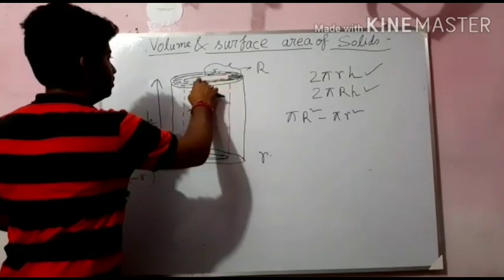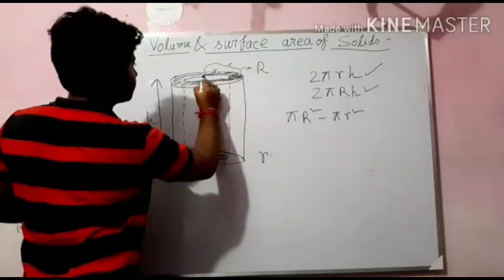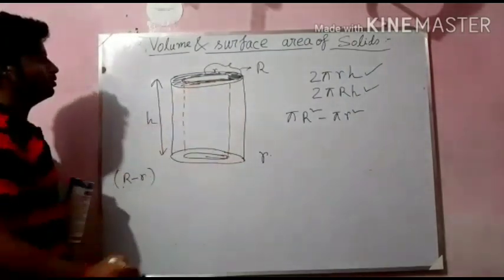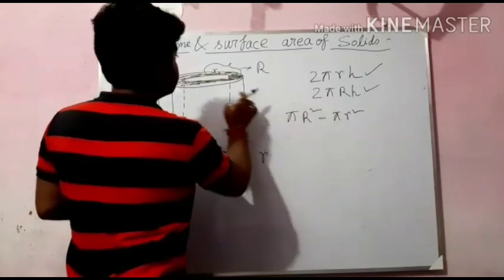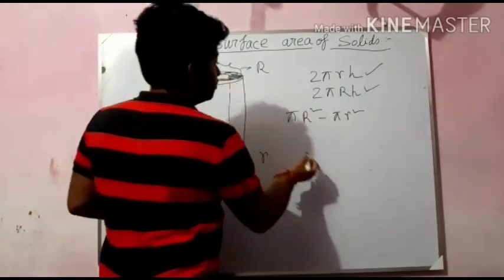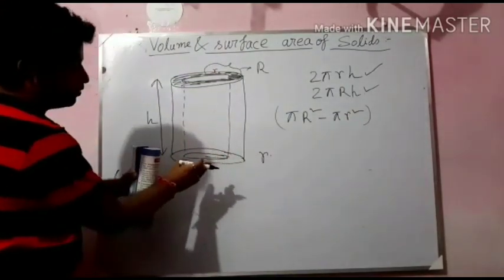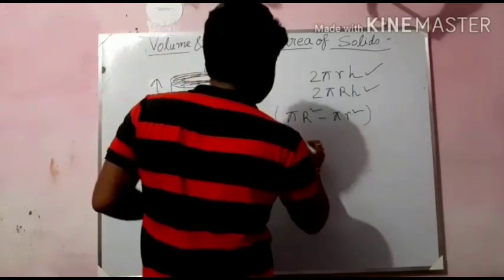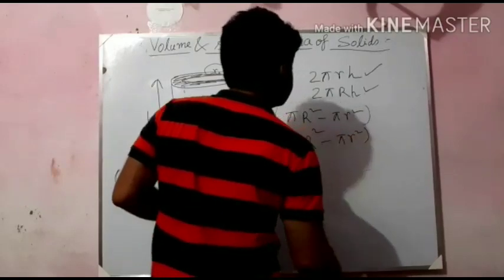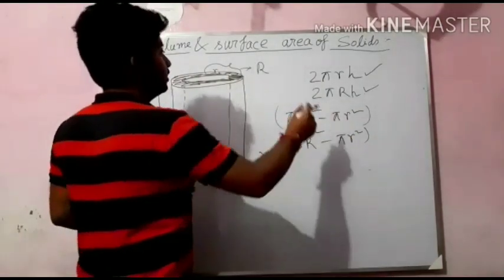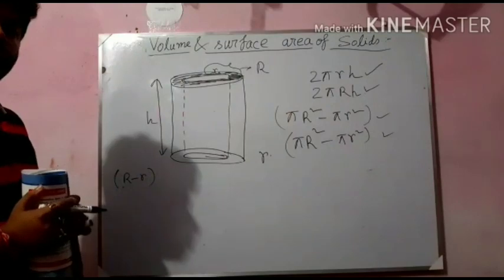This was the hollow portion, right? So this much area will be total pi capital R square minus pi small r square. This is for the upper surface. The same thing will happen here for the lower surface, right? So we will get another pi R square minus pi r square. Now if we add these four areas, we will get the total surface area of a hollow cylinder. Okay?